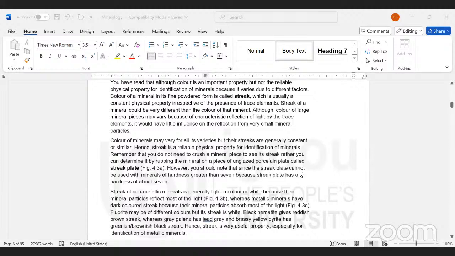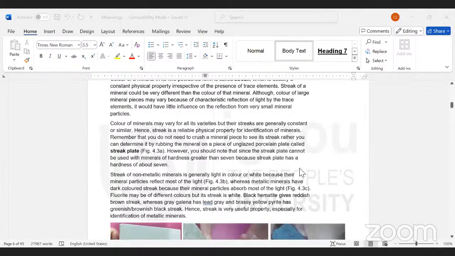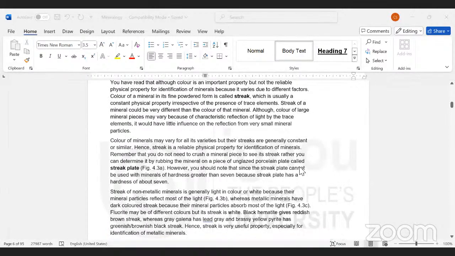In a laboratory, you will get a white streak plate, and if you rub or scratch a mineral on it, you will get powder. Different minerals produce different colored powder. So now you can identify that color. Indirectly, it is giving the mineral color.